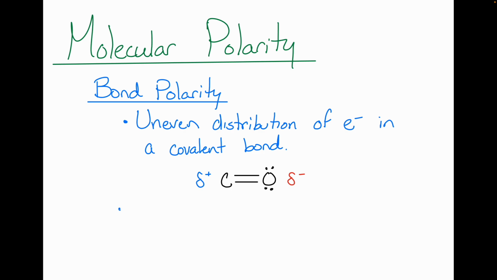All right, how do we know that a bond is polar? I kind of already gave away the punchline here. It specifically has to be between atoms of differing electronegativity, right? One of them has to be better at pulling electron density onto itself than the other atom. So these are bonds that are between atoms of differing electronegativity.